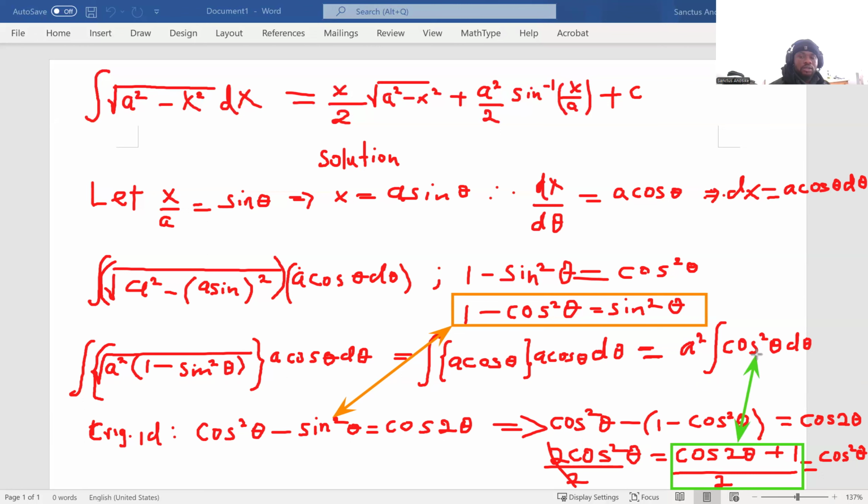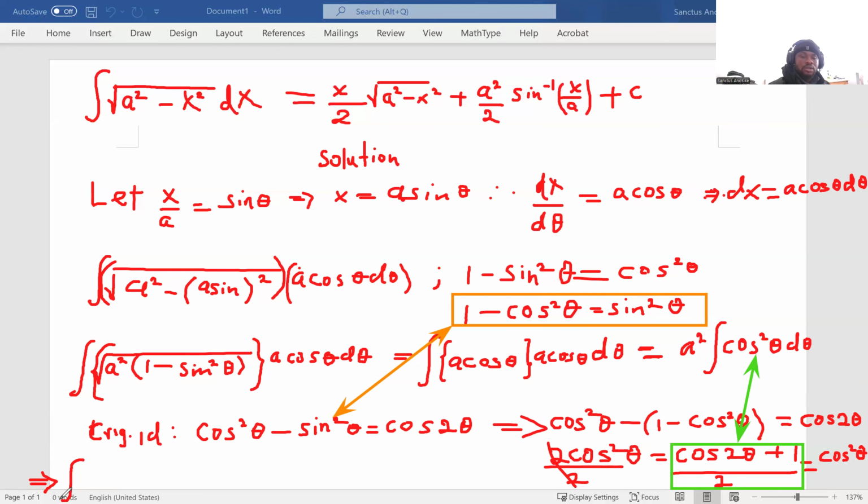Substitute that into here. Okay. So if we do that, we now have that this integral is equal to this.